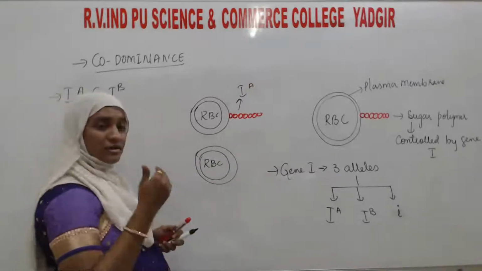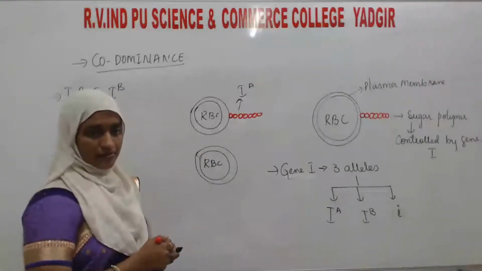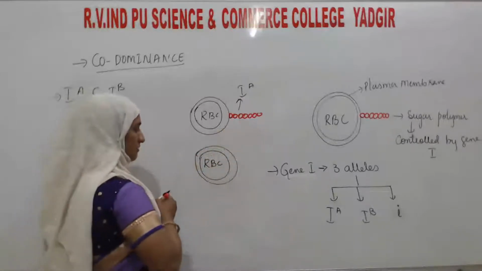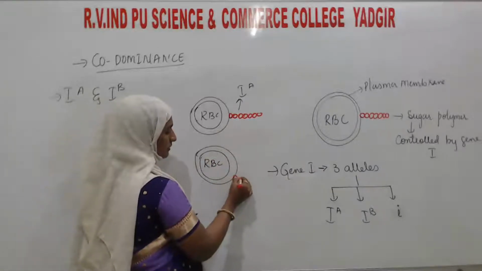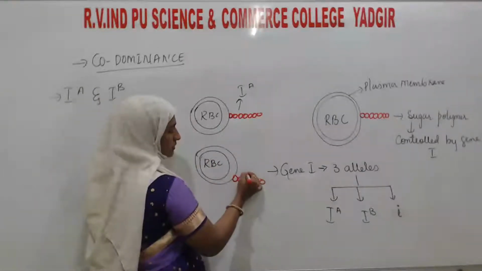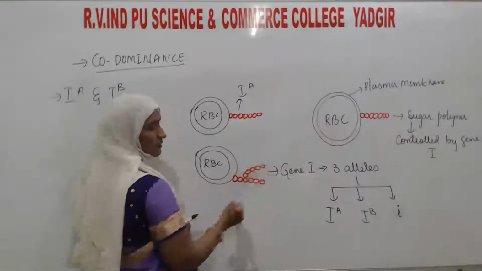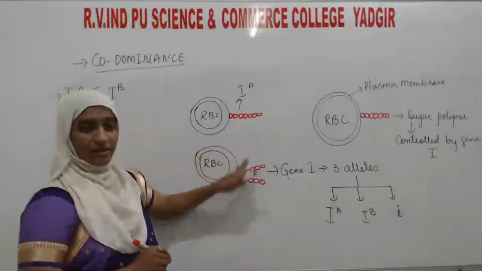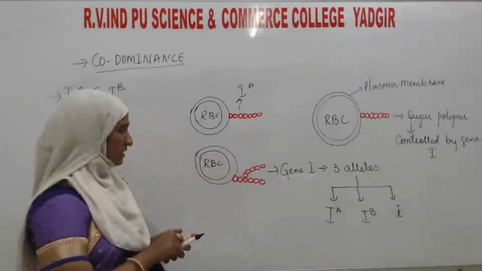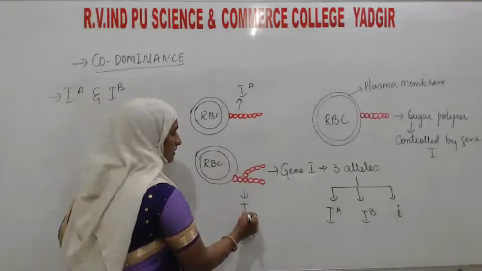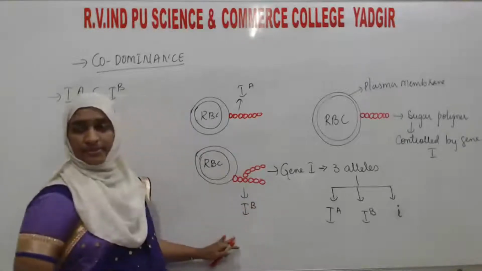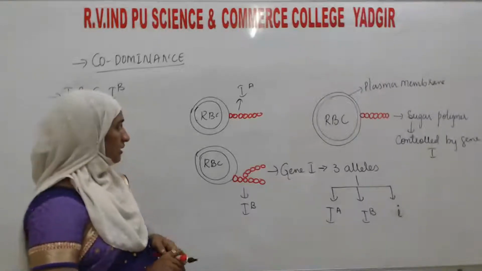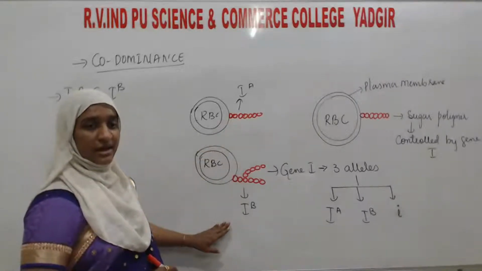And if the sugar polymer is slightly different from the IA, like this, different from this IA, then we can consider this as the IB. Okay, next see, this is IA and this is IB.